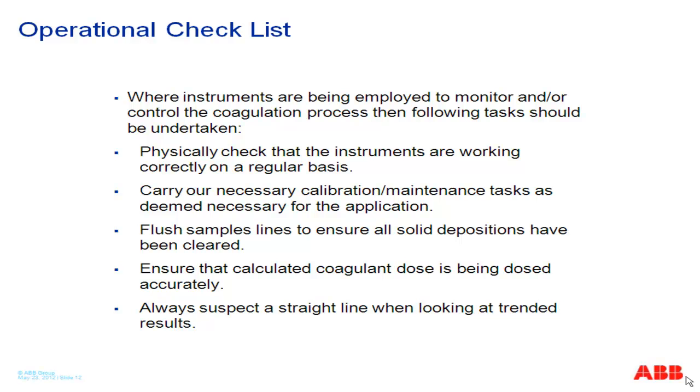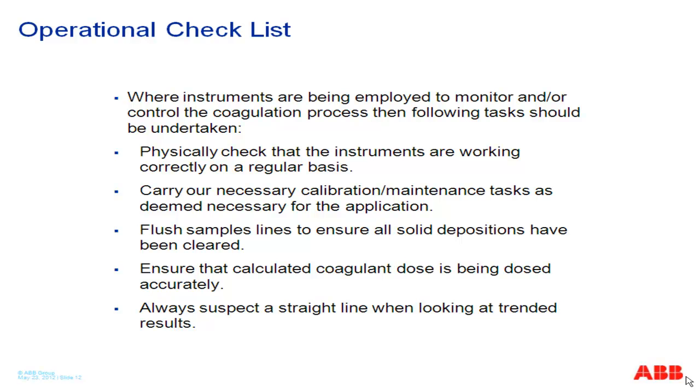Every application is different, every site is different, every water is different, and so the requirements are always slightly different. But they just need to be done to ensure the kit is working properly. Going back to flushing sample lines, absolutely prerequisite, that needs to be done regularly.